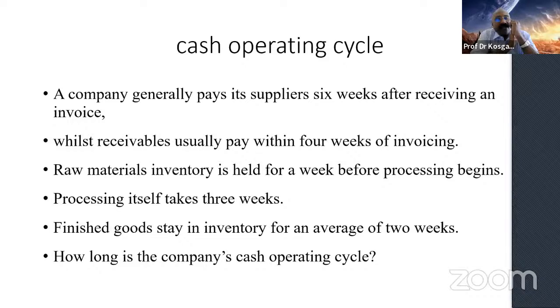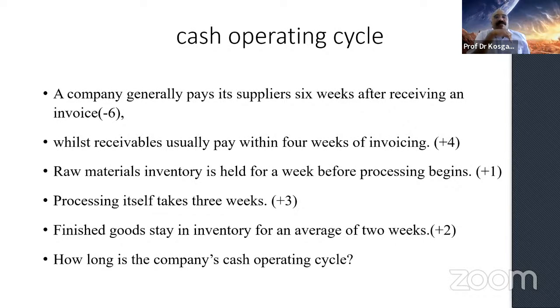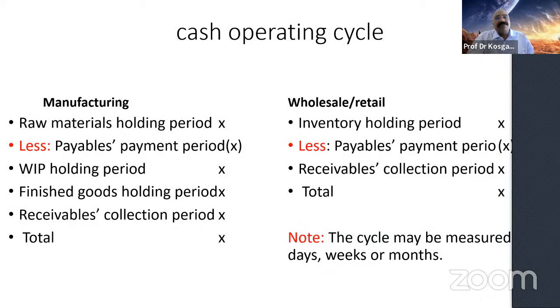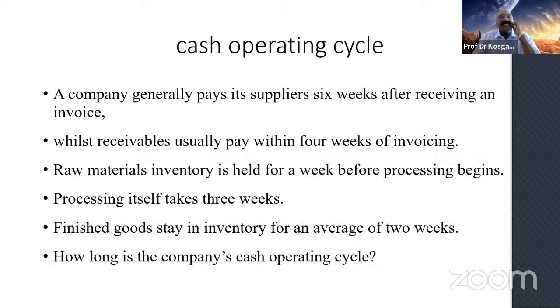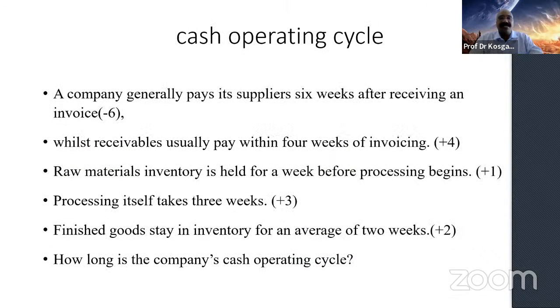Now, how do we calculate the cash operating cycle for this problem? The company generally pays its suppliers 6 weeks after receiving an invoice. This is based on the cash operating cycle formula. This is the only thing you need to minus.